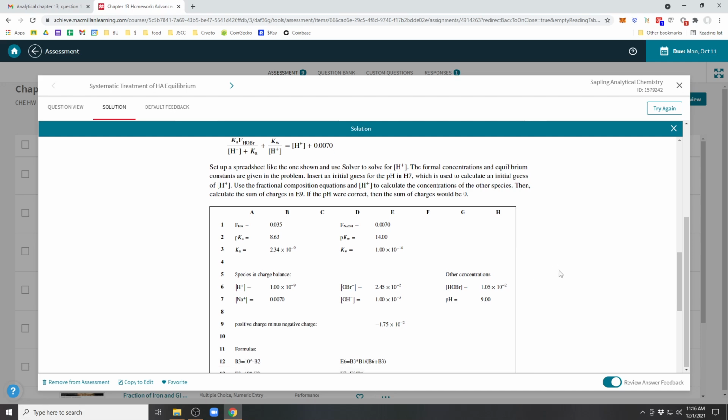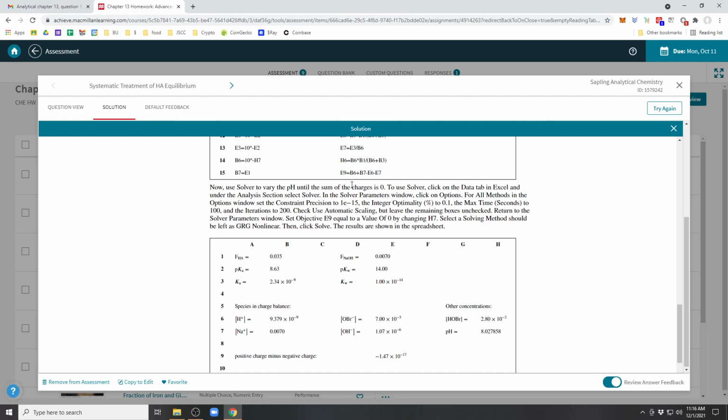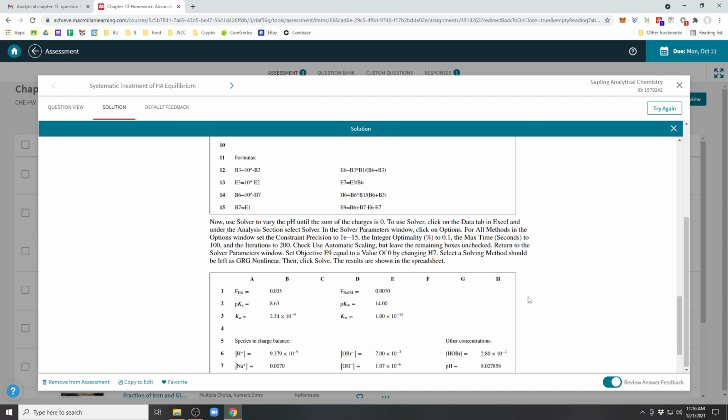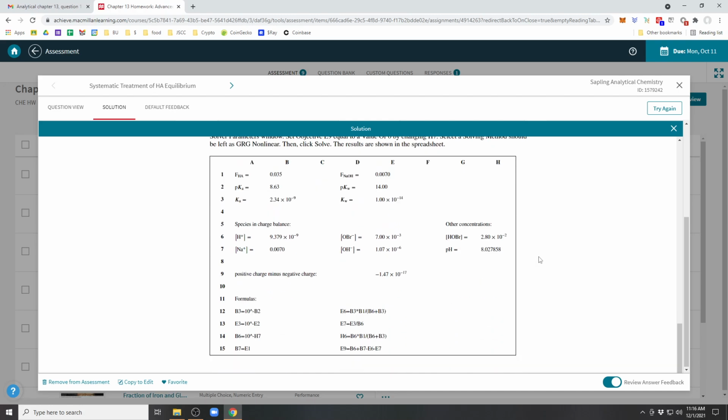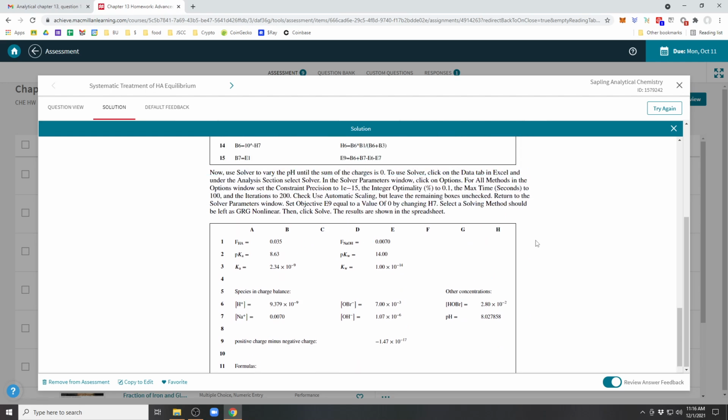All right. So you use the solver. It'll vary that pH until that charge balance equation gives you an overall 0 difference, so that the two sides are equal. Anyways, that's just solver.